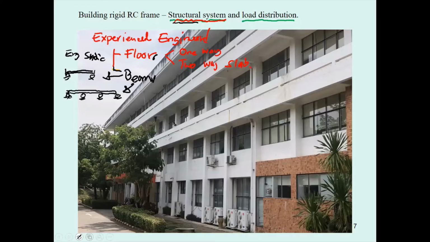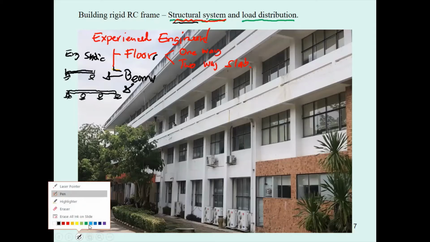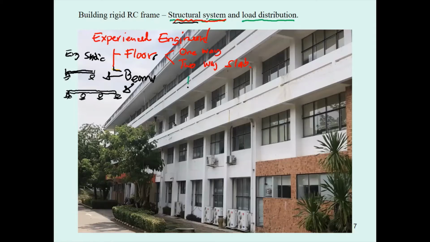But anyway, in the design of the structure, for example, for reinforced concrete design, there is the design code. There is the design code such as the ACI design code that provides you how to analyze the structure.